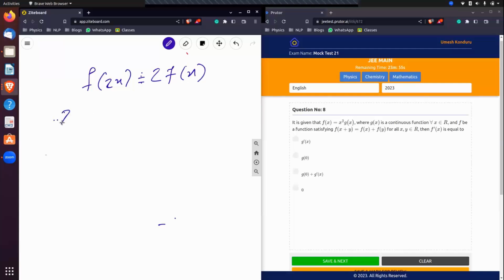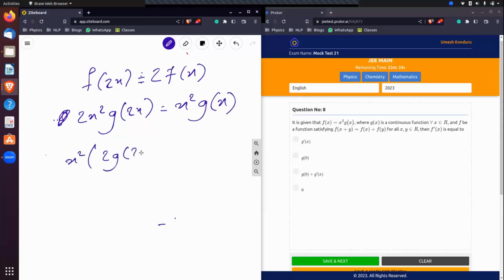So when we had this expression as 2x square g of 2x equals x square g of x, we were able to cancel out x assuming that it's not 0. So I guess we still have some work to do, to figure out what g of 0 is.